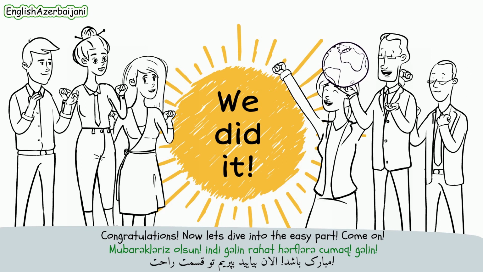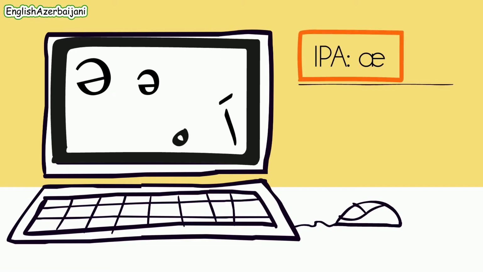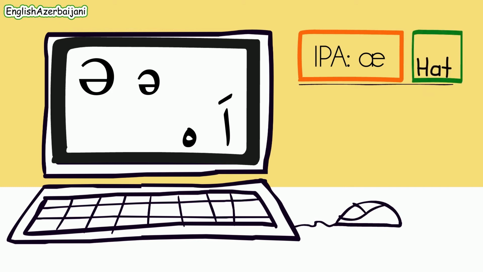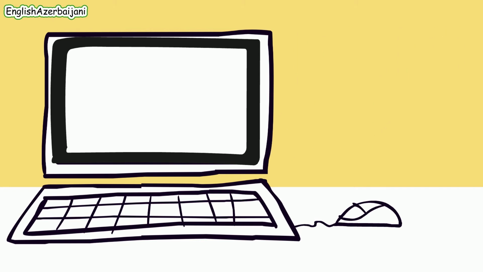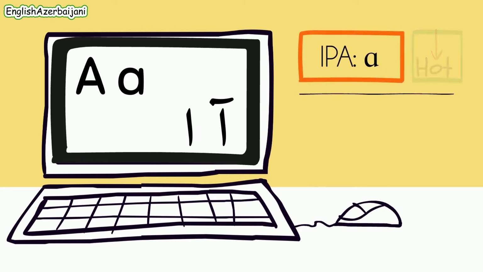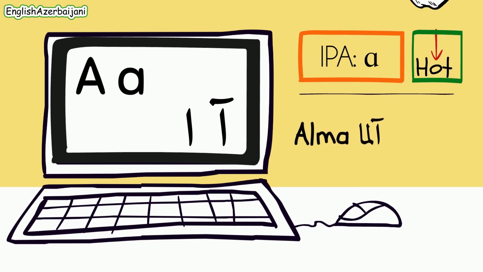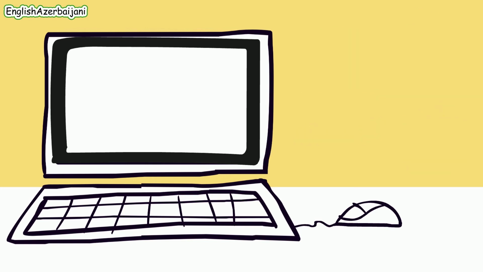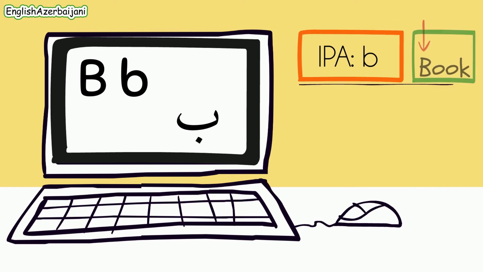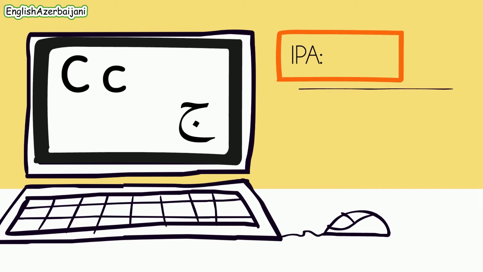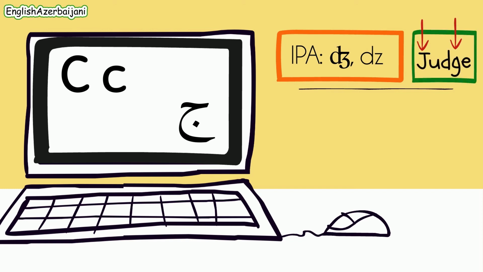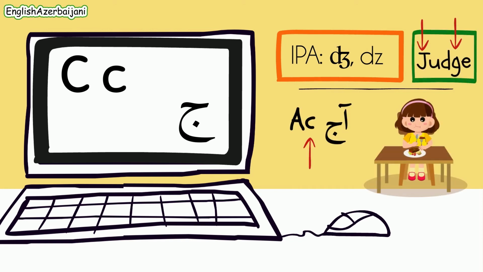Come on. A, like A in the word hat. Çakma, al. A, like hot. Alma. B, book. Boru. C or Z in some accents, like judge, arch or art.